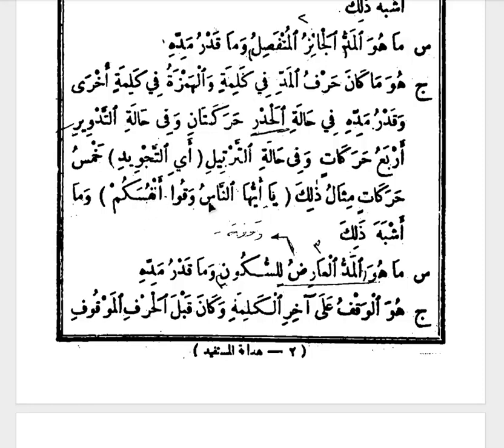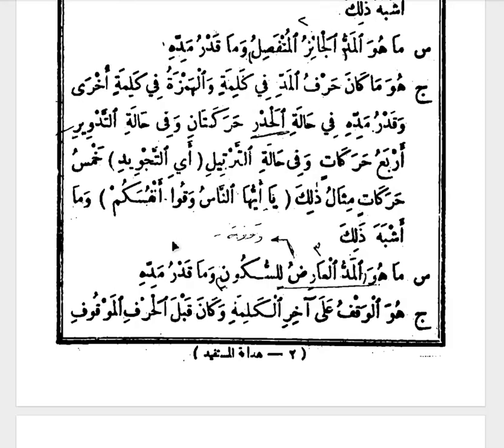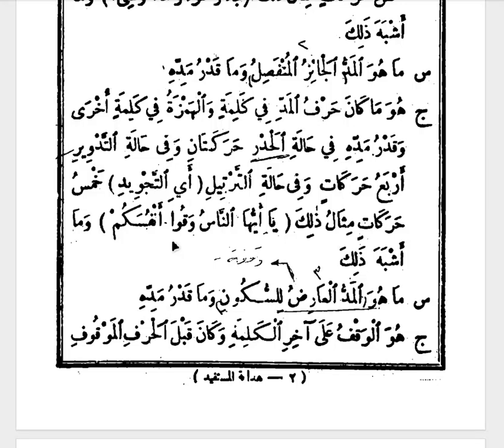So this is the letter of madda, waw, and then alif, which are in 2 separate words. This is all regarding maddul jaiz al-munfasil. Just recall that we have 3 methods for elongating it. The shortest method is 2 harakat.